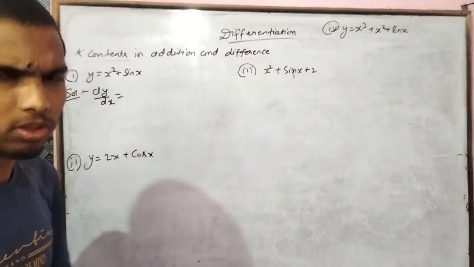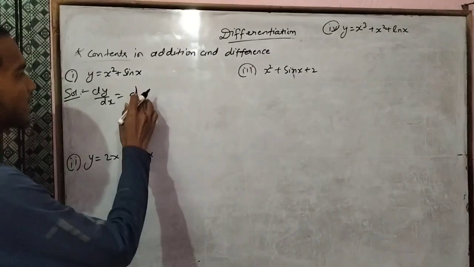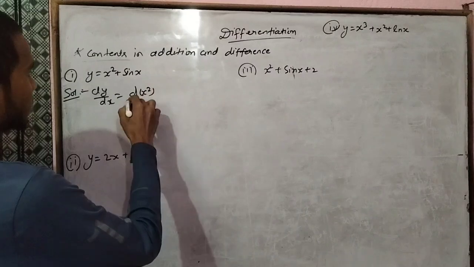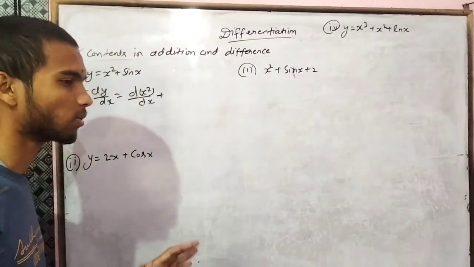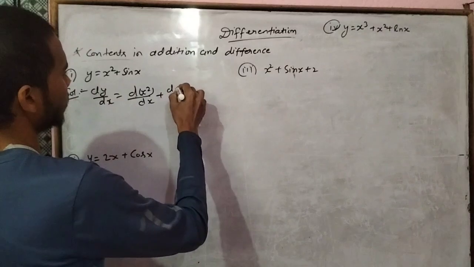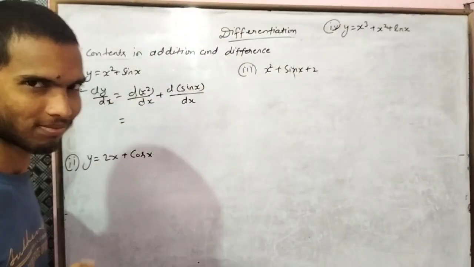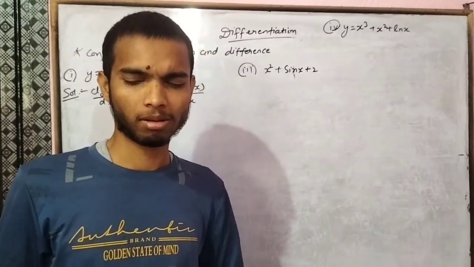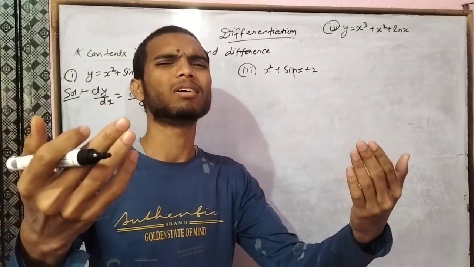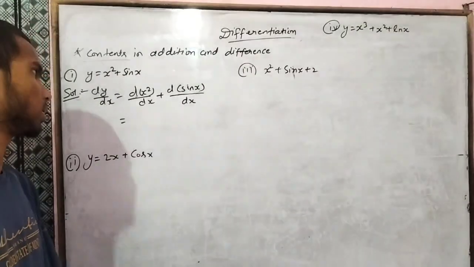We have the first term, which is x square. The first step is very easy. We will write it with the differentiation because we are converting this equation into differentiation. Then we have sin x. Clear? Here it is x raised to the power n. What is the formula? n x raised to the power n minus 1, so 1 is reduced from the given exponent.